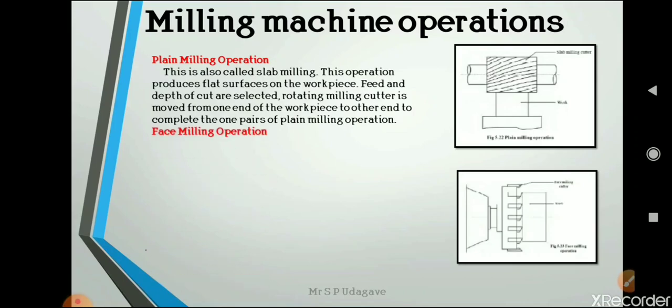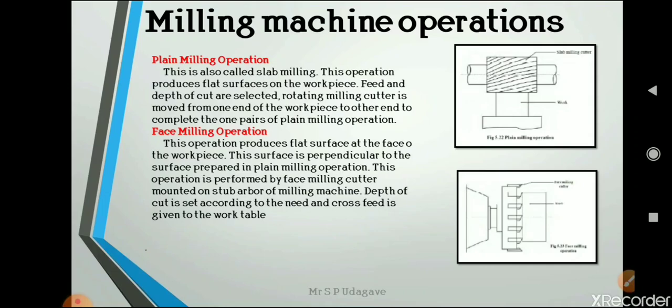The second type is the face milling operation. In this type of operation, it produces flat surfaces at the face of the workpiece, and the surface is perpendicular to the surface prepared in the plane milling operation. This operation is performed by the face milling cutter mounted on the stub arbor of the milling machine.